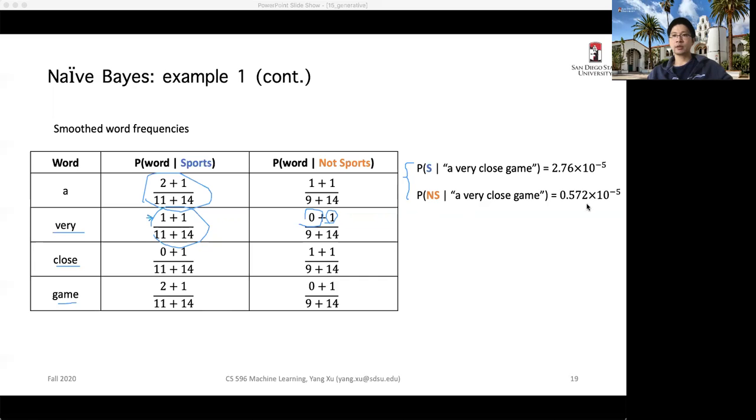Our conclusion is that the posterior of sports given this observation is much higher than the posterior of NS given the same sentence. So it is more likely to be a sports-related category. That's a simple example of naive Bayesian models.